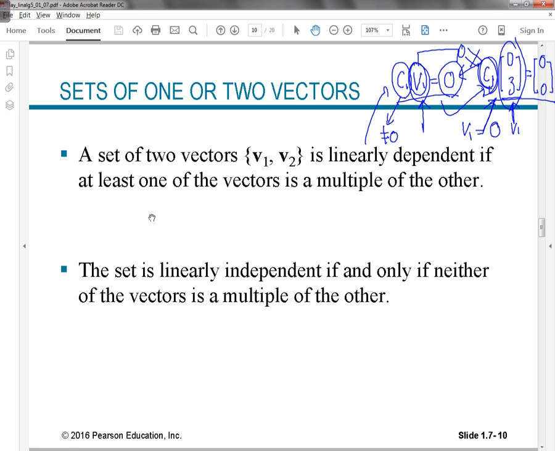Let's write this relationship as an equation, in this form: v2 is a scalar multiple of v1. That's the way for the second vector to be included in the first vector.